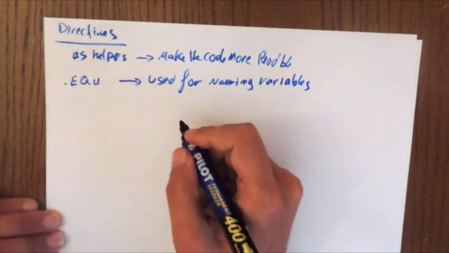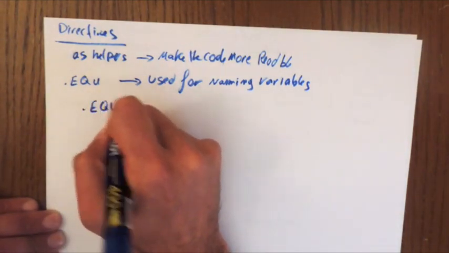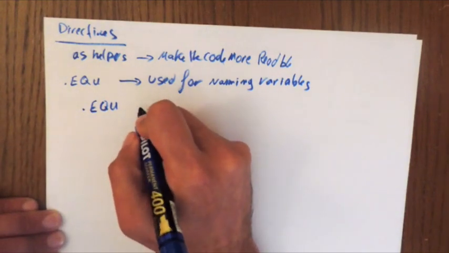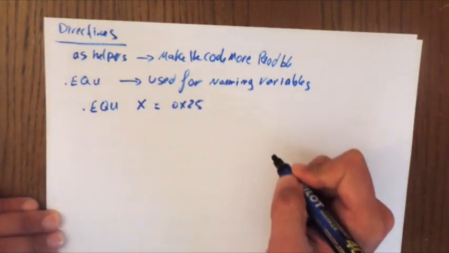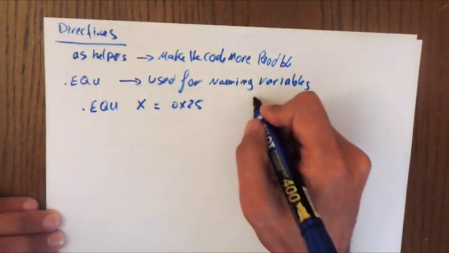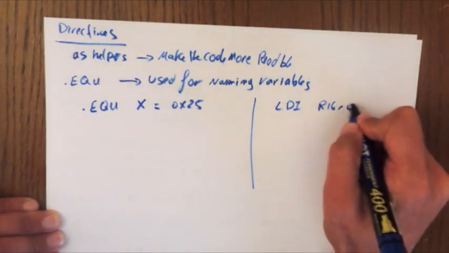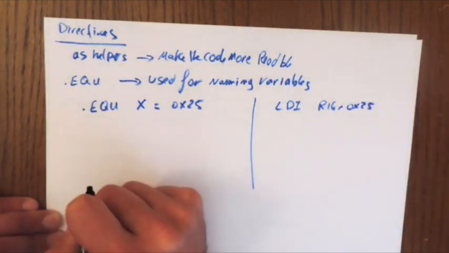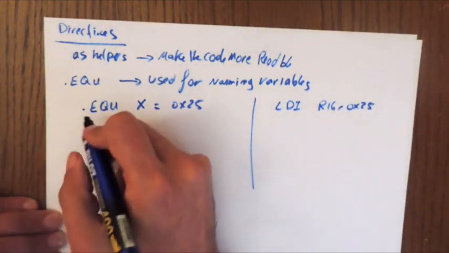Alright, so for example, I can say .equ x = 0x25. Usually what I used to do is LDI R16, 0x25. Now what I can do is, instead of asking what's R16, it's my x variable.